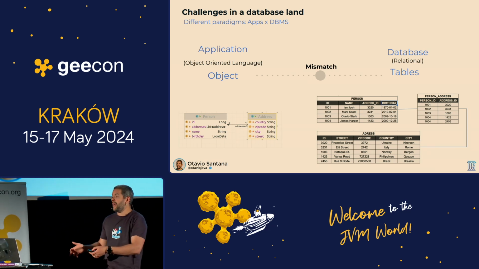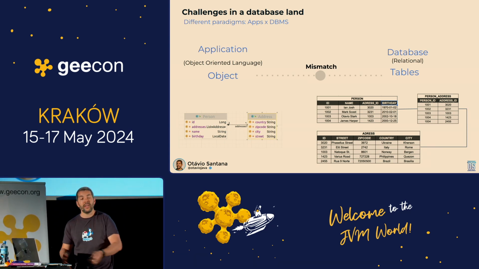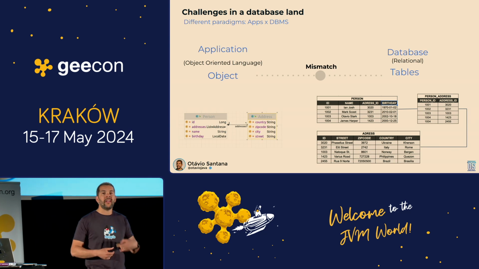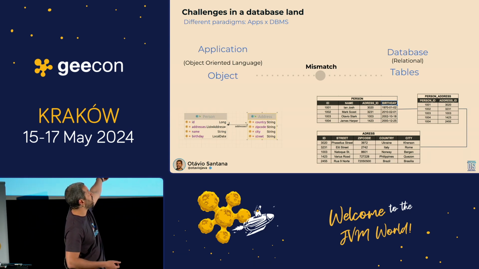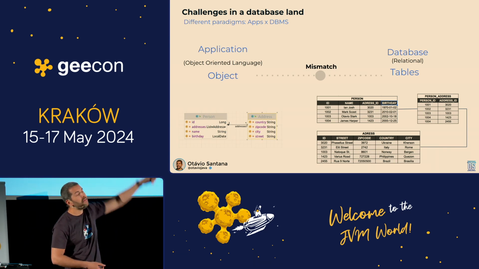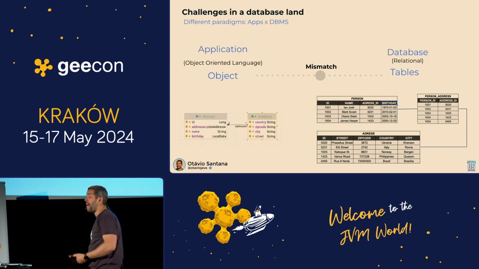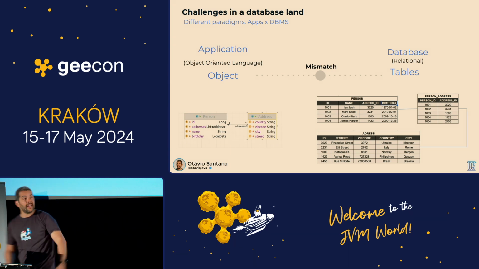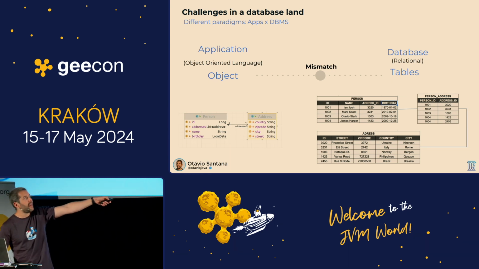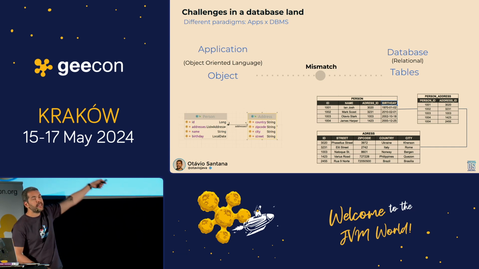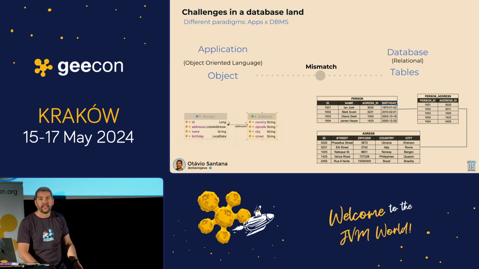Take here, for example, I have my Java application, then I have my person, an address, a list of addresses, as you can see here, and then, as usual, I have my relational database. As you can see here, I have 3 tables to represent 2 instances and a list.